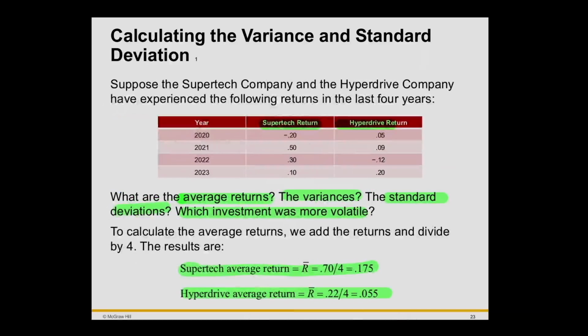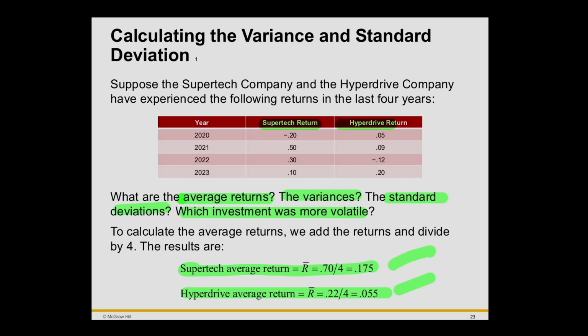However, here's the thing. We're getting a much higher return for SuperTech than we are for Hyperdrive. How do we decide which of these stocks actually is providing us with the best return, because the more volatile stock has a higher return than the less volatile stock?